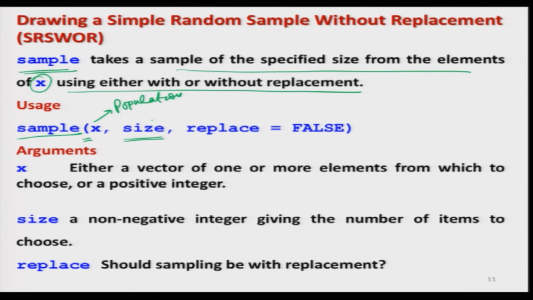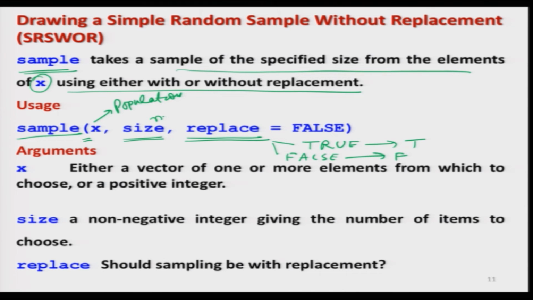Size is the small n, meaning how many units you want to draw from the population, and then you have an option, replace. This replace can take two possible logical values, TRUE or FALSE. You also know that TRUE and FALSE can also be indicated by the first letter, T and F. For example, TRUE can be represented by capital T and FALSE can be represented by capital F.